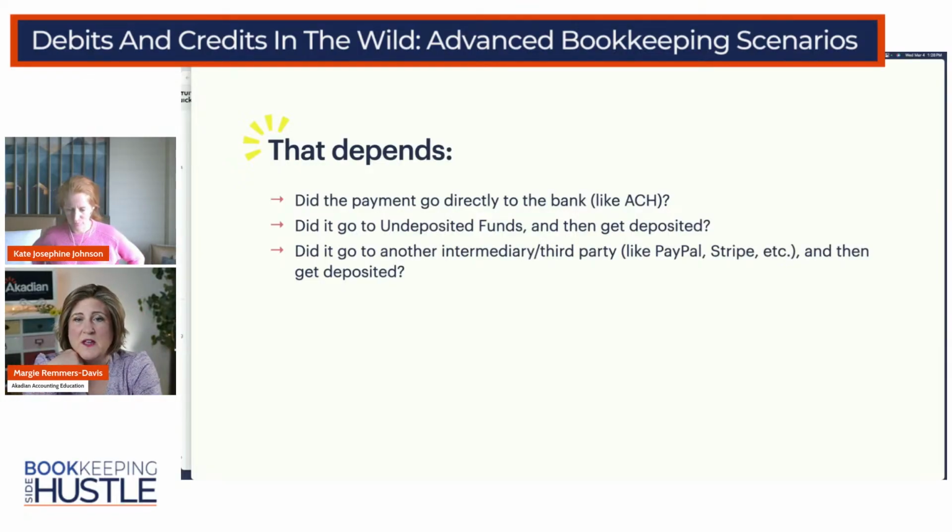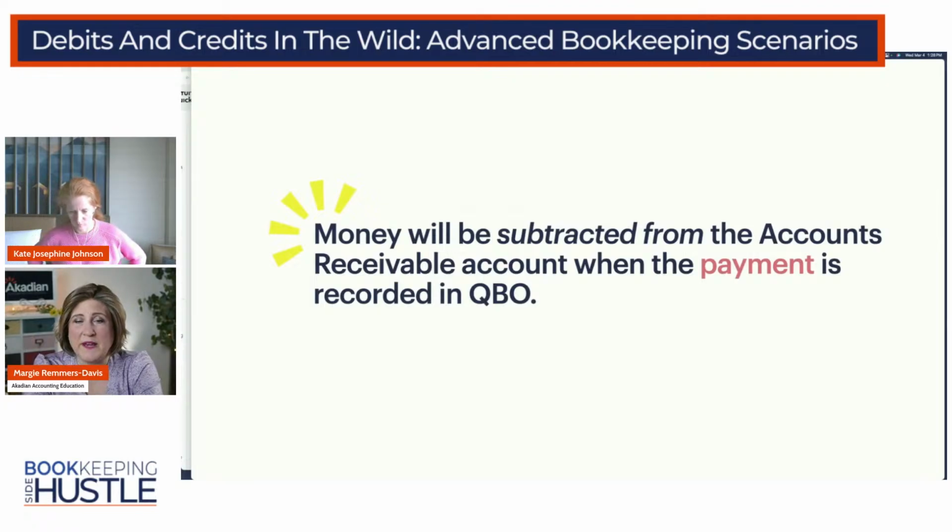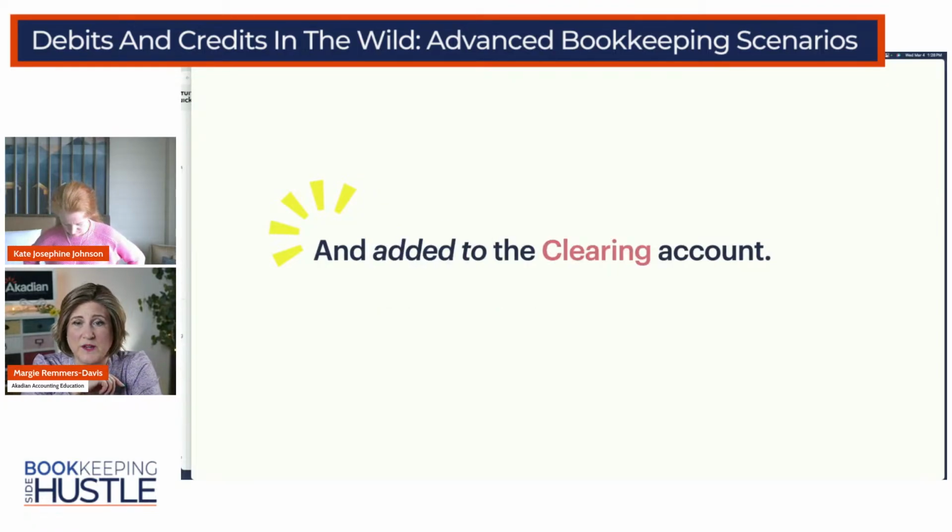So the money is subtracted from accounts receivable when the payment is recorded, and then in those other two scenarios, it's going to be added to a clearing account, not to the checking account, like we just talked about.